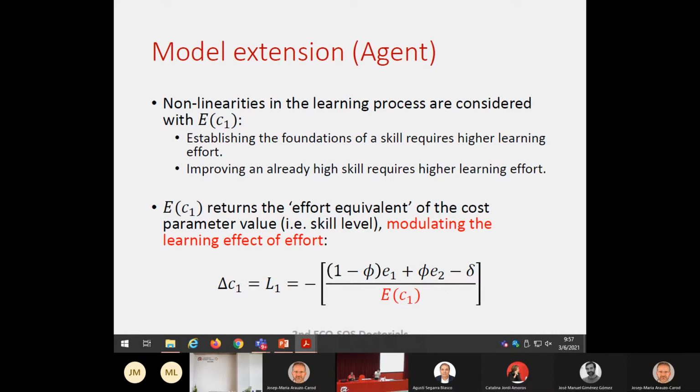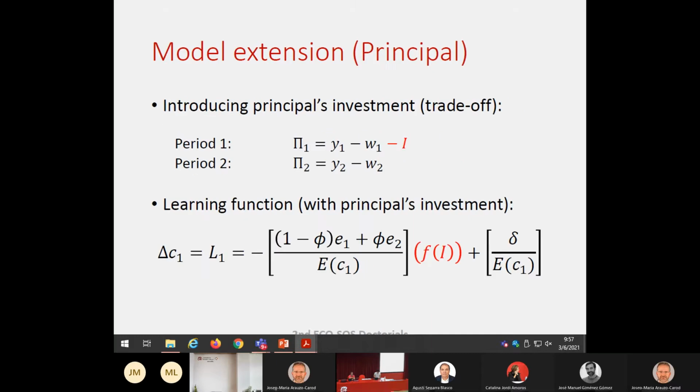It implies a higher learning cost or learning effort to build the foundations of a skill, and also to achieve the higher levels of proficiency. And this only accounts for non-linearities. If you are interested, I can show it later, but I want to stick to the time. Okay, and this modulates the learning effect of effort.